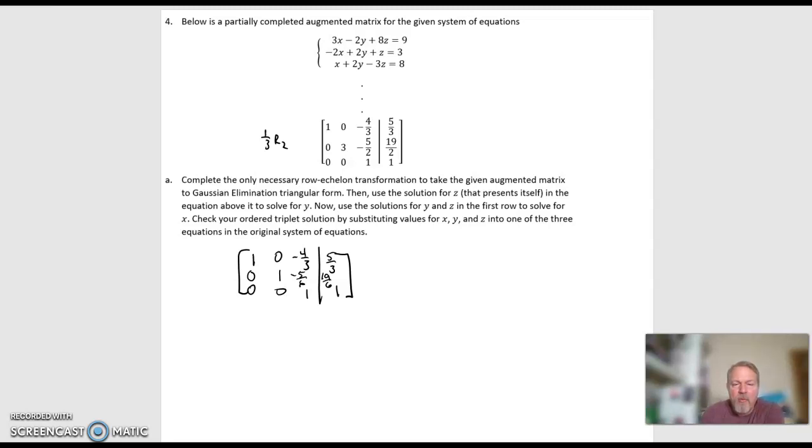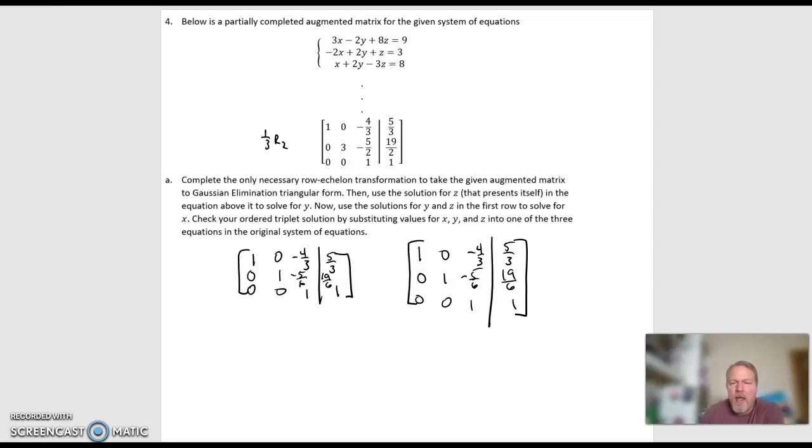So I've got my triangular form. Let me just rewrite that real quick so we can talk about it. So 1, 0, -4/3, augmented 5/3. 0, 1, -5/6, and 19/6. And 0, 0, 1, 1.